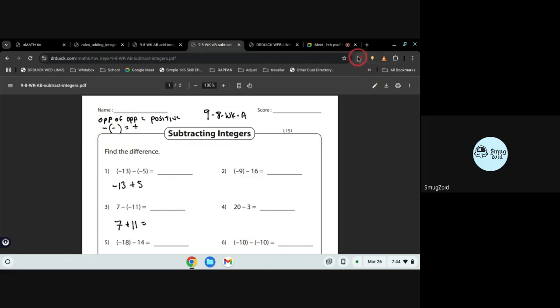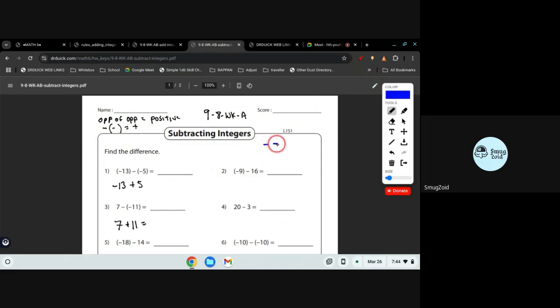So anytime in this, we were looking at a negative 4 equals 4. A negative 8 equals 8, right? So you need to write these down and then rewrite them to make it work, okay?